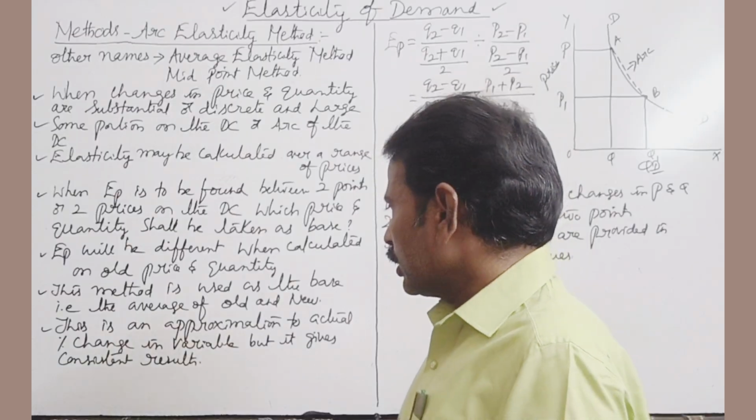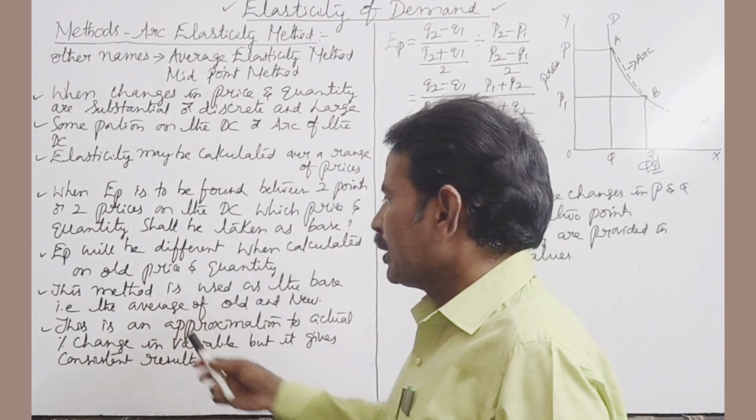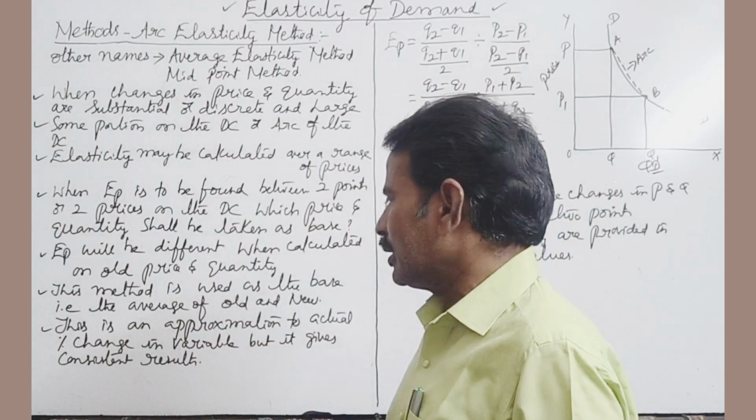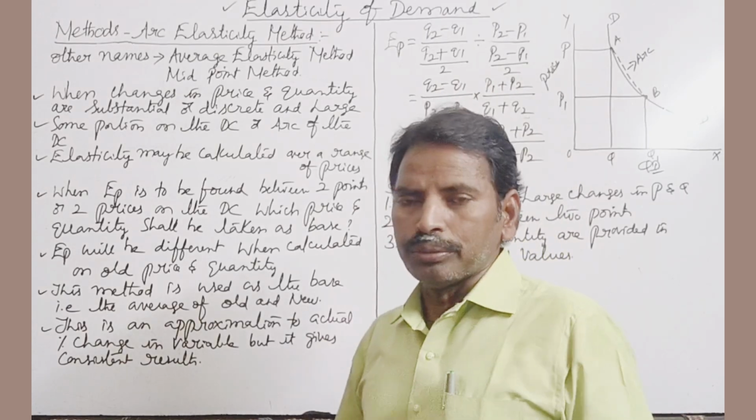To avoid confusion, this method uses as the base the average of old and new.